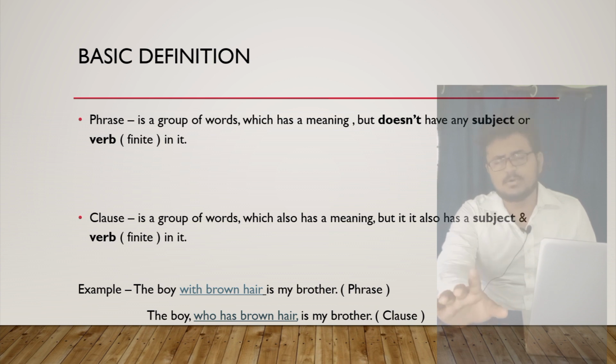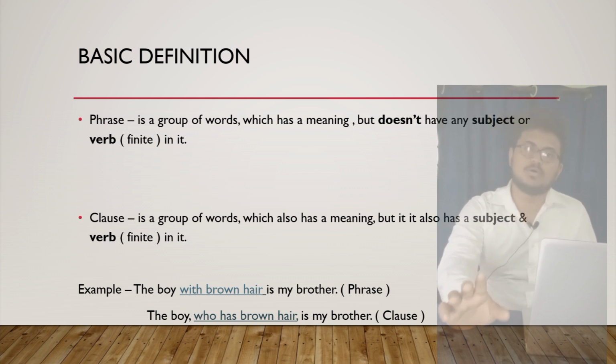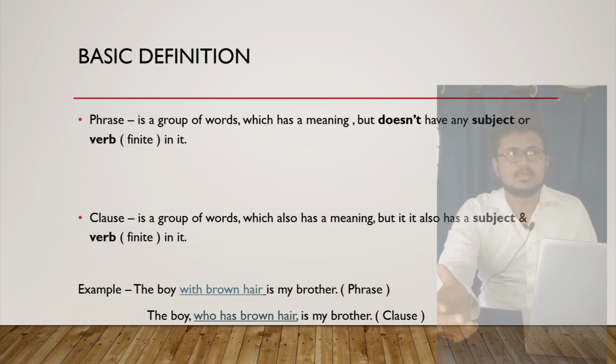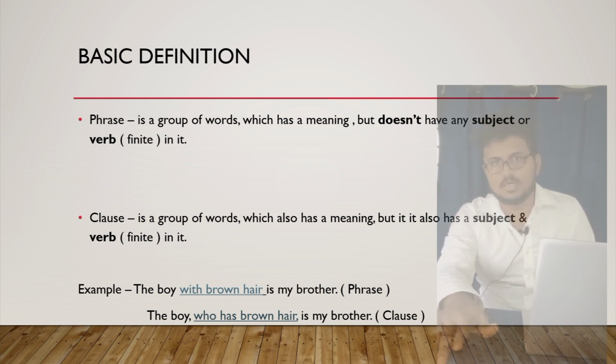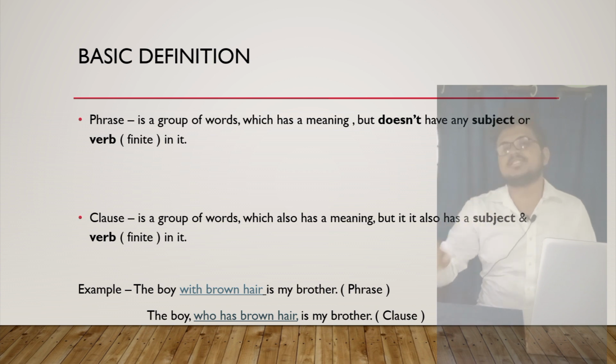First, a phrase is a group of words which is used in every kind of sentence in general, but it does not have any sentence-like structure. What do I mean by sentence-like structure? We all learned the structure of a sentence in second or third or fourth standard. The basic structure of a sentence is that you start with the subject, then there is a verb, then there is an object.